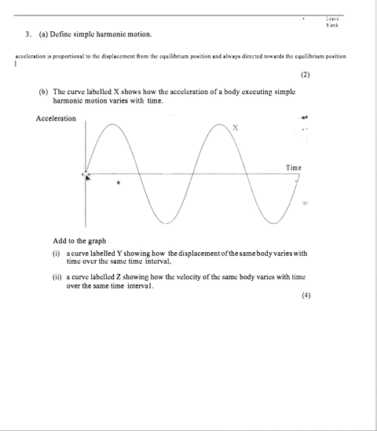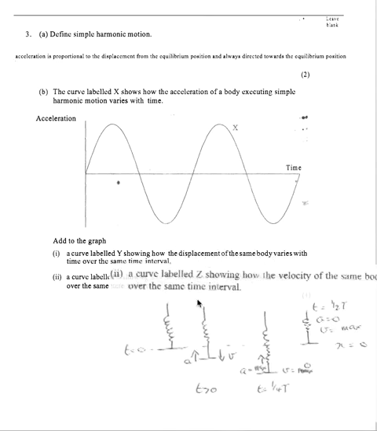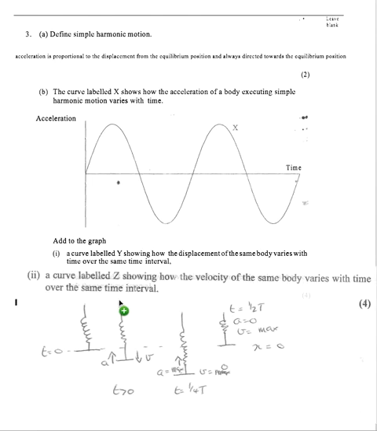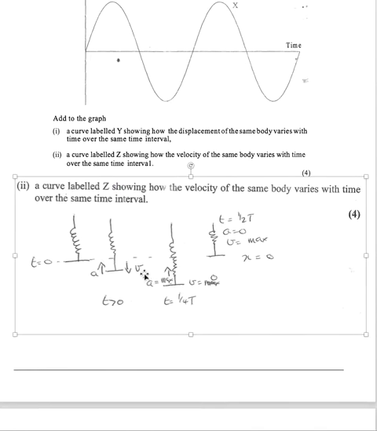If you think about your mass on a spring, let me just bring this in here for you. Here's my t equal to 0. At some time later, it's moving down at this point. At some time later, it is below the equilibrium position, so the acceleration is up and the velocity is down. So here we have a positive acceleration, like we have here, but the velocity is negative.